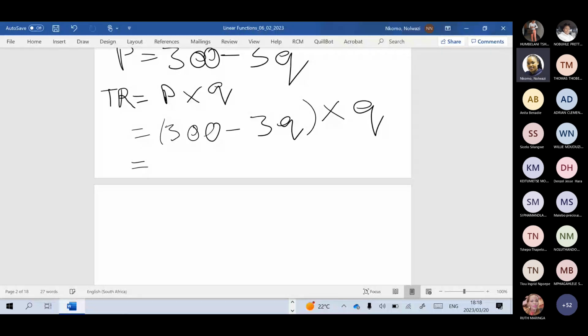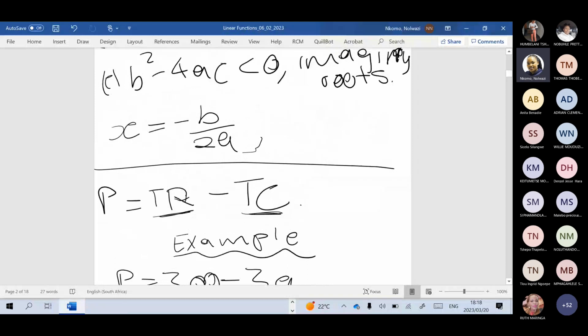Remember, I said the aim here is either to maximize the profits, or maximize the total revenue, or minimize the total cost, right? Okay. Let me rewrite this equation. We have total revenue equals minus 3Q squared plus 300Q, right? Okay, we have the total revenue, so that means we need to maximize it.